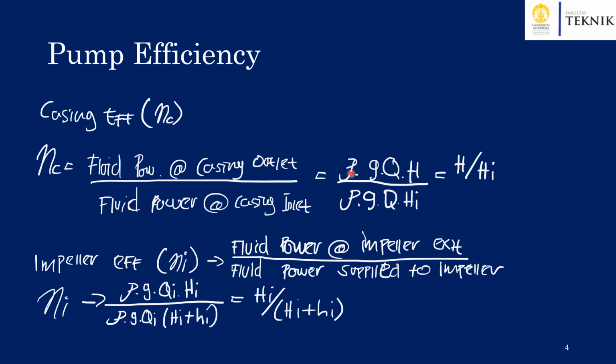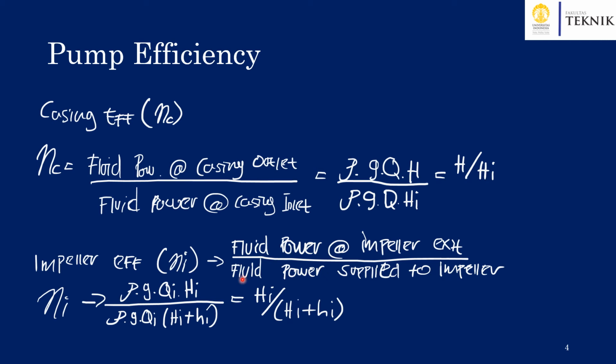It is a function of density, gravity, flow rate multiplied by total head, divided by density, gravity, flow rate multiplied by the head power loss at the inlet. We can eliminate the rho g and Q, and it leaves us with H divided by HI, where HI is the total head across the impeller.